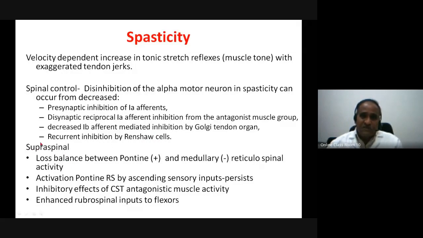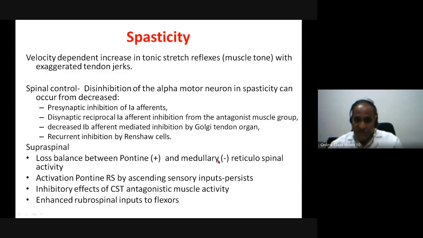From the supraspinal level, the spasticity is because of the loss of balance between pontine excitatory and medullary inhibitory reticulospinal activity. Now, what happens if the medullary is inhibited or removed?